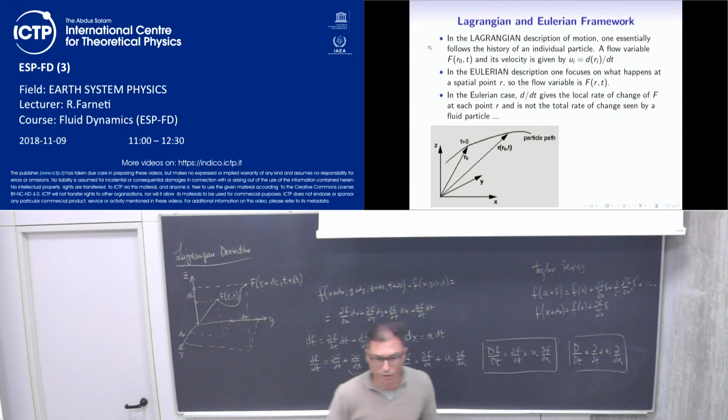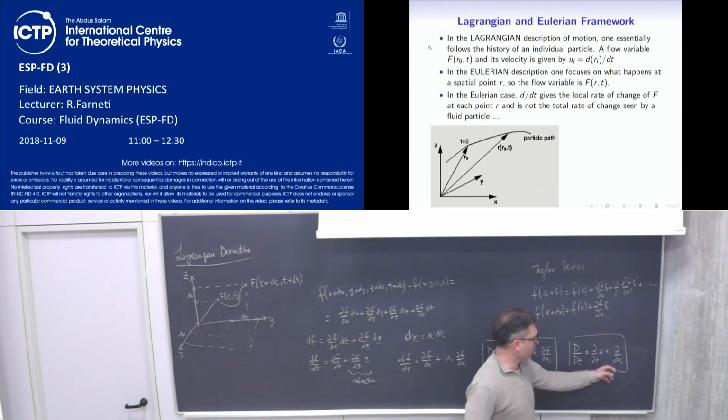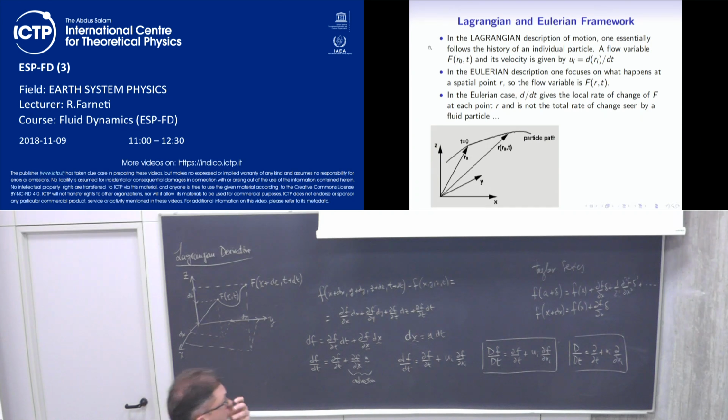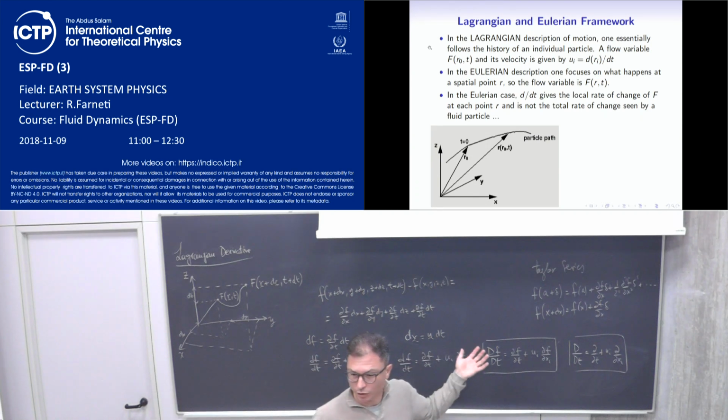Okay, so this is the Lagrangian derivative. The Lagrangian derivative means that you're both following the particle in space and you're looking at the changes in time. Okay, so the framework is Eulerian, but you're actually Lagrangially describing the fluid flow. Okay? So this is what is called the Lagrangian derivative. And we're going to use the Lagrangian derivative all the time in the equation of motion. Okay?